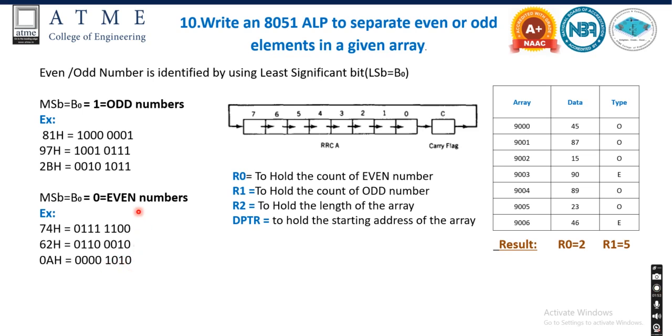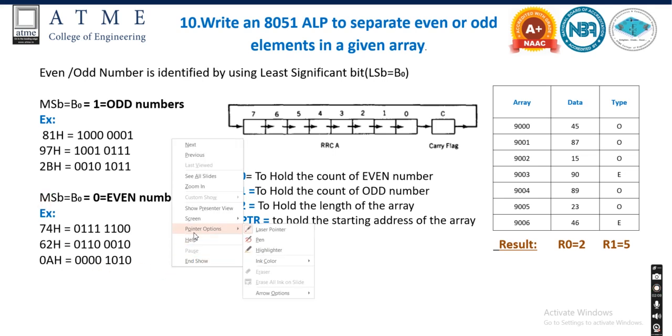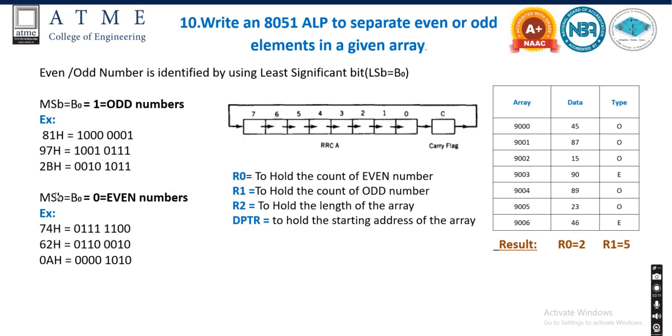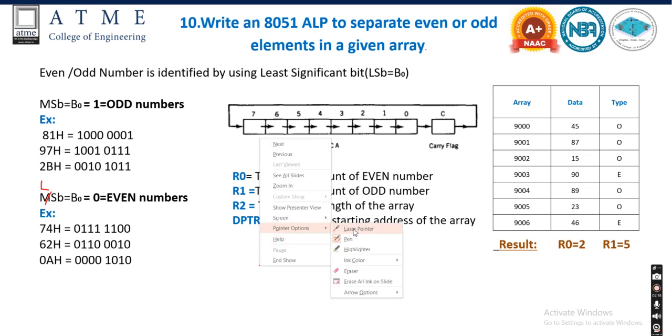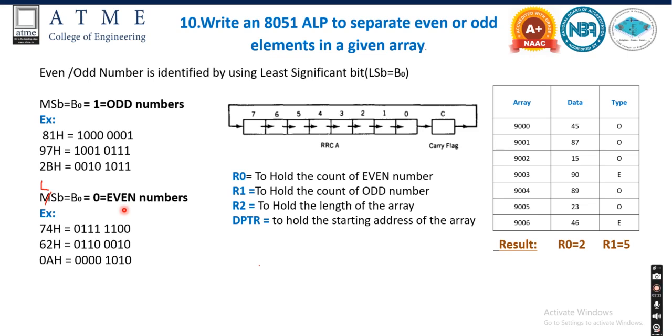If you observe all these numbers, the least significant bit is equal to 0. If B0 is equal to 0, then it is an even number.